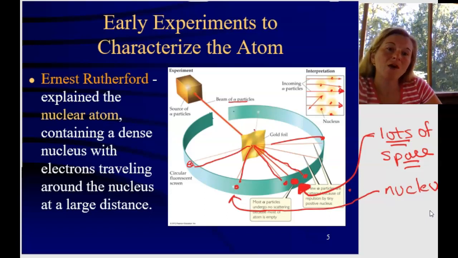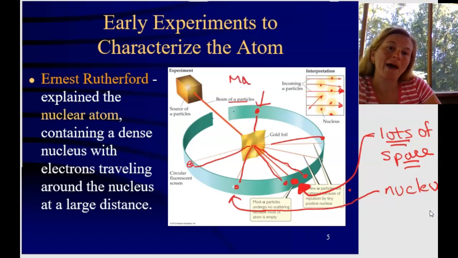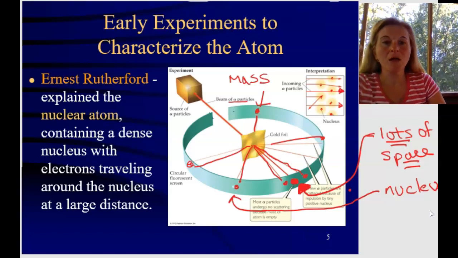And then here we even have, forgot to show this guy earlier, ones that bounced directly back, didn't go through the gold foil at all. And so that told Rutherford that that nucleus has mass. It has enough mass to make that alpha particle completely ricochet back in the opposite direction.